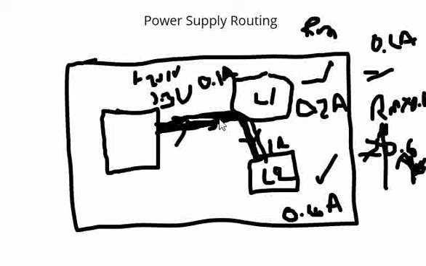The trace that is routed to the load 1 also has that much thickness. Now this is one kind of routing. If, for example, let us assume we route a trace from this power supply to load 2 and load 1 individually, like a star routing.